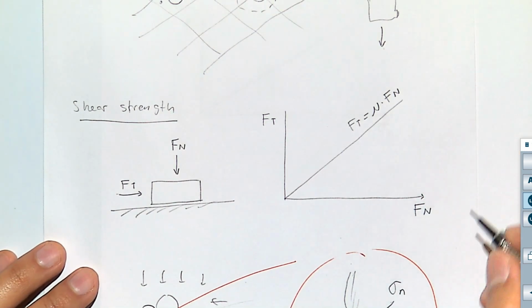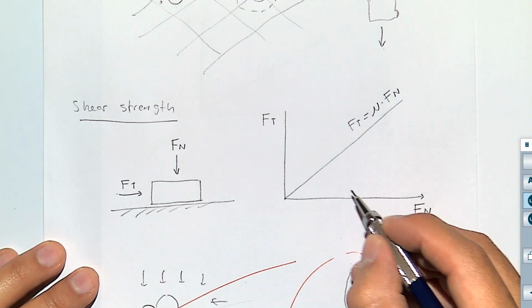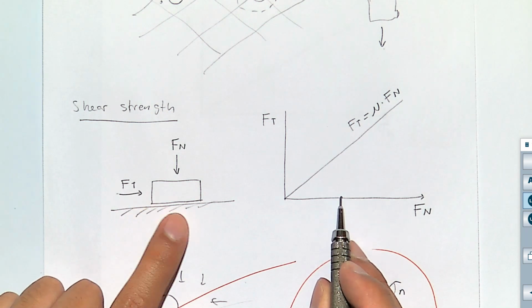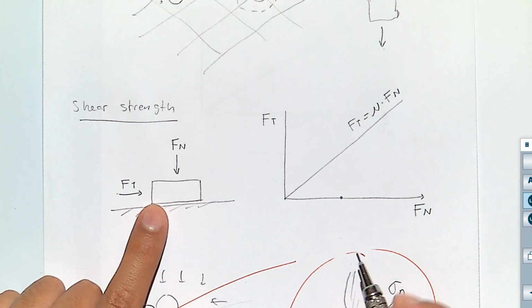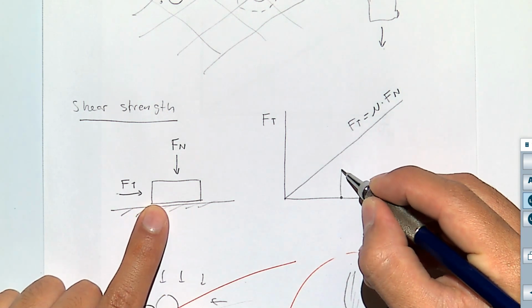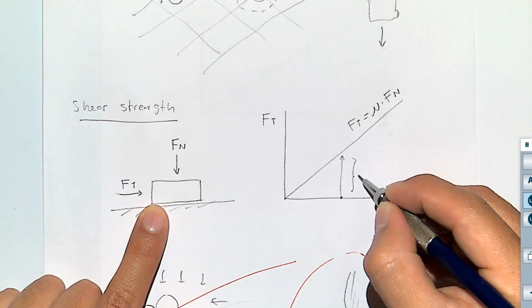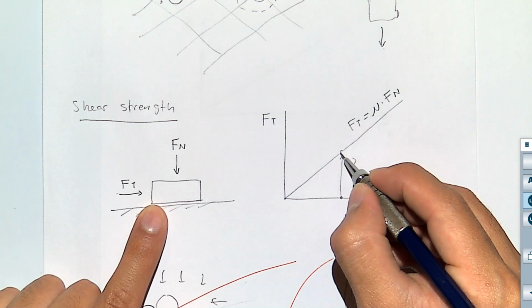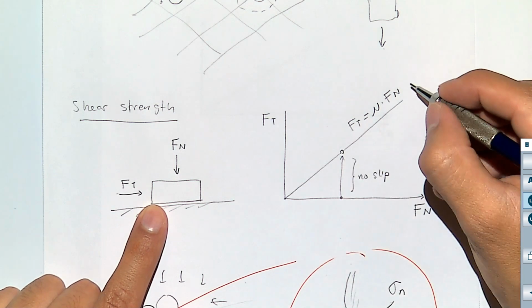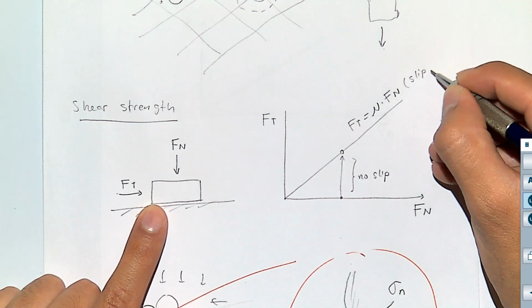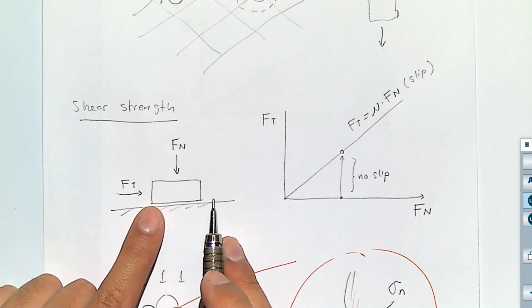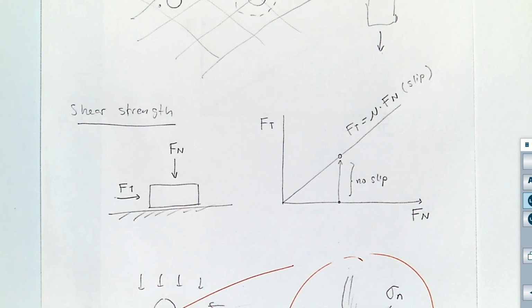If I were to start increasing Ft, let's say Ft is 0, Fn is a value and Ft is 0. Then I keep increasing. Here there is no slip. But when I get to that point, that is when I get the block to slip with respect to that other surface.